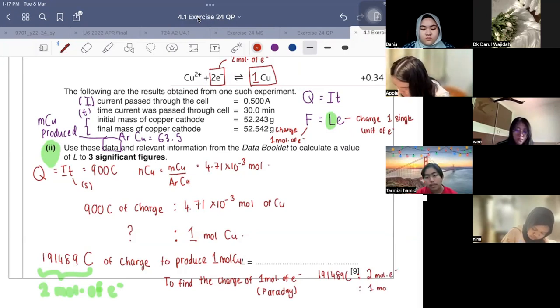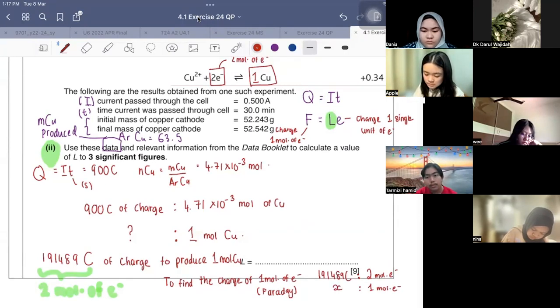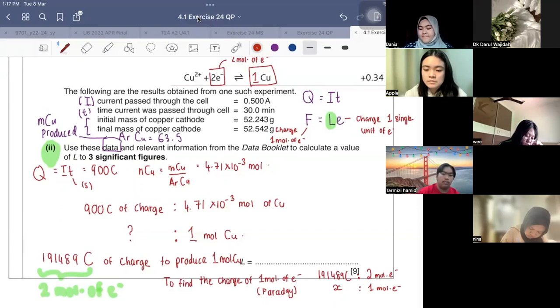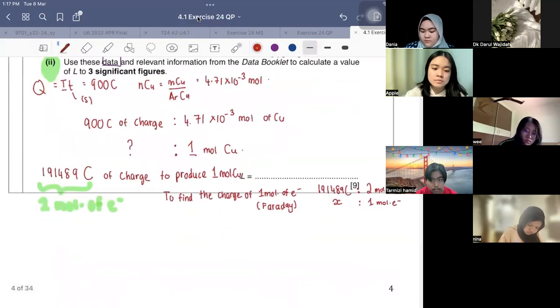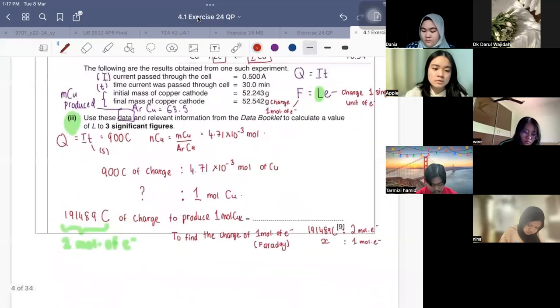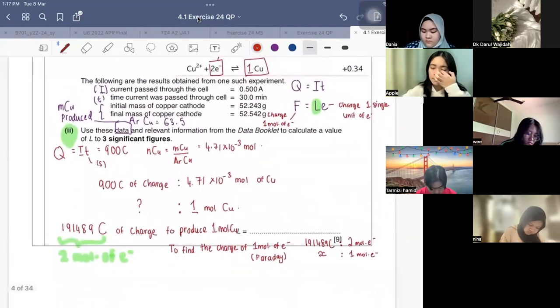So how much is 1 mole of electrons? In theory, 1 mole of electrons, which is the Faraday, is about 96,500. You will see that based on this calculation, because we use data from the experiment, it will not be exactly 96,500. It will not be too far off, but it's not the exact amount.